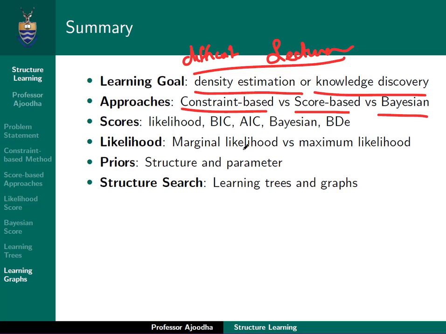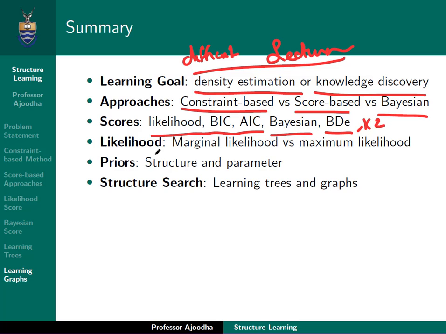For score-based methods, we speak about the likelihood score, the AIC score, the Bayesian score. We also speak about priors like the K2 prior, the BDe prior, and so on. We sometimes also talk about priors in the context of graph priors, not just parameter priors.